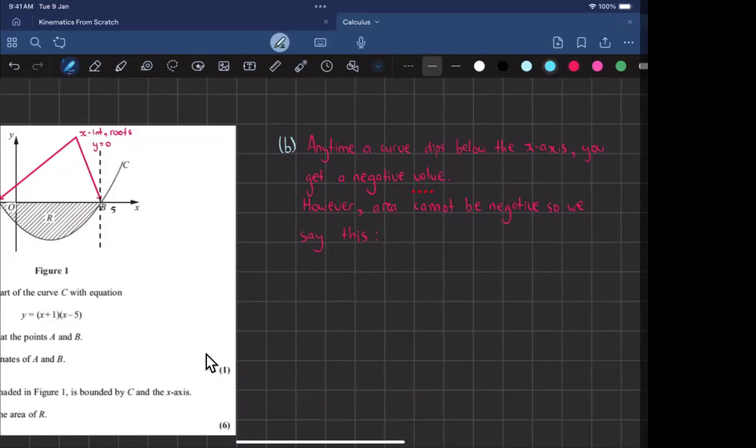Anytime the area dips below the x-axis, this is what you're going to do.